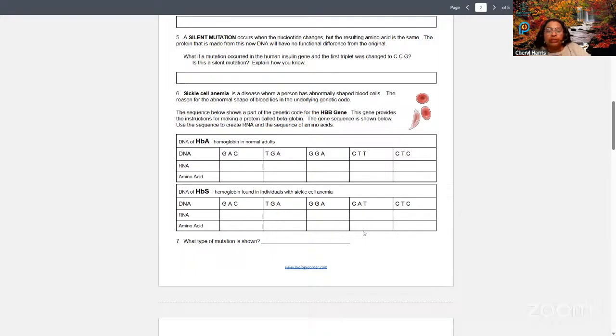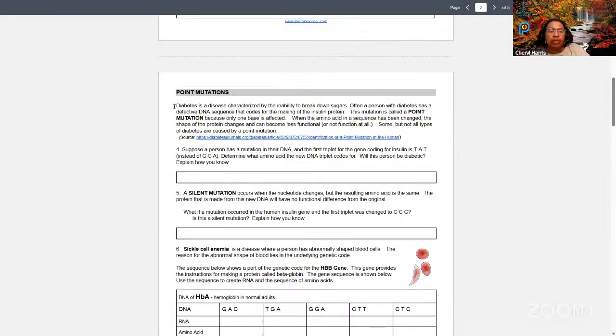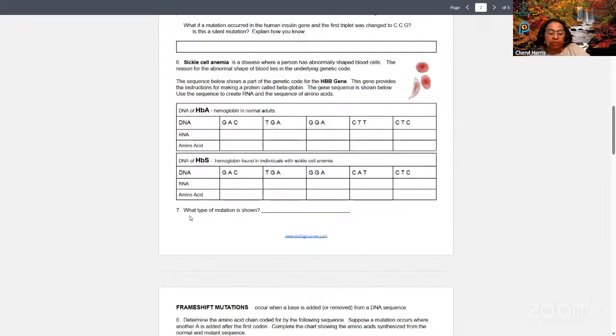All right, so because this is a single gene or a single amino acid change, is it going to be a point mutation or is it going to be a silent mutation? That's the question they're asking you here. This is definitely going to cause sickle cell because it's different. They're different. So what's the word we want to write here?